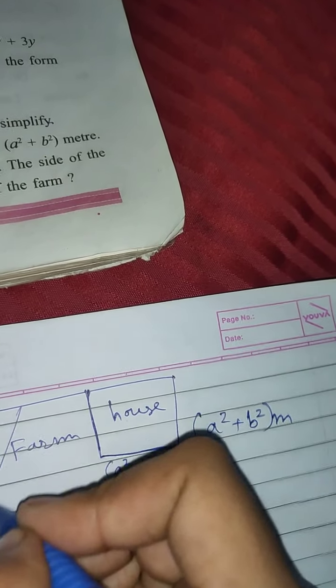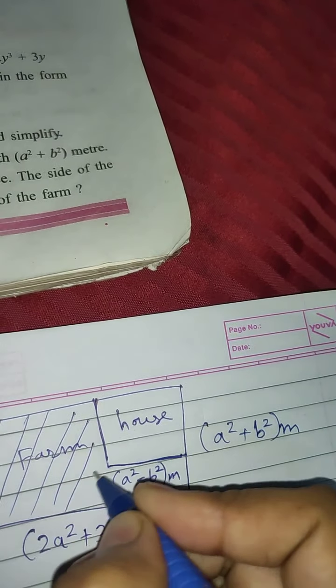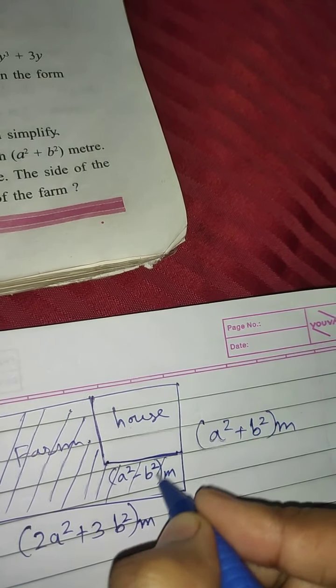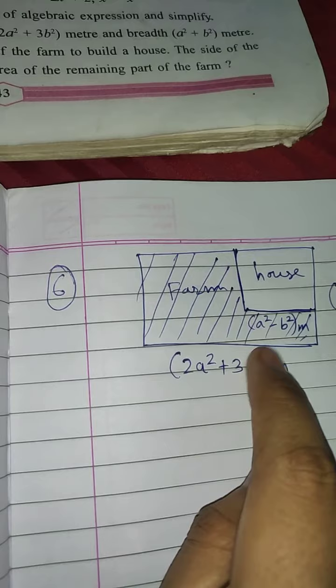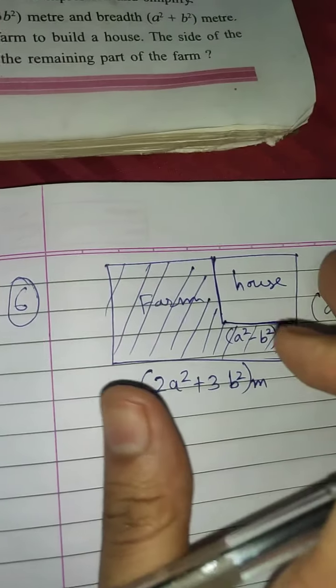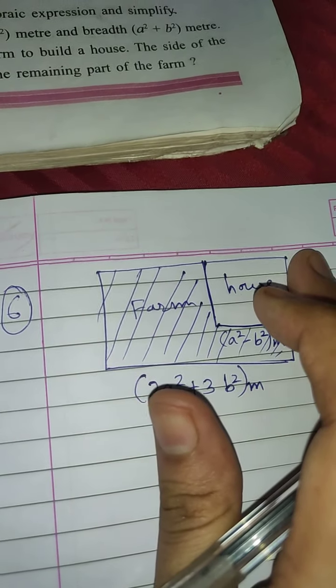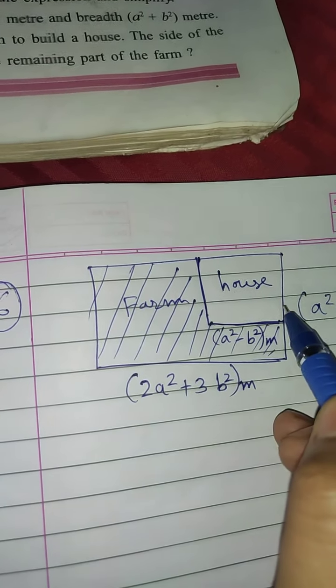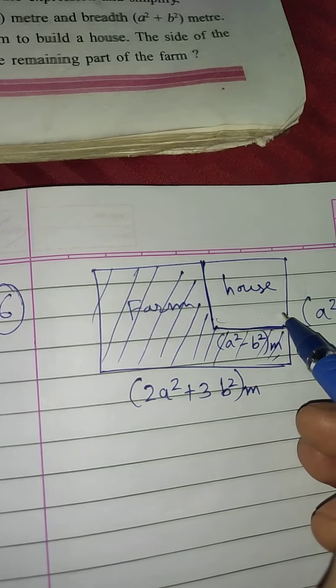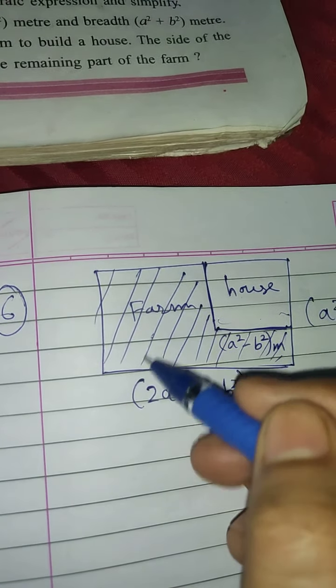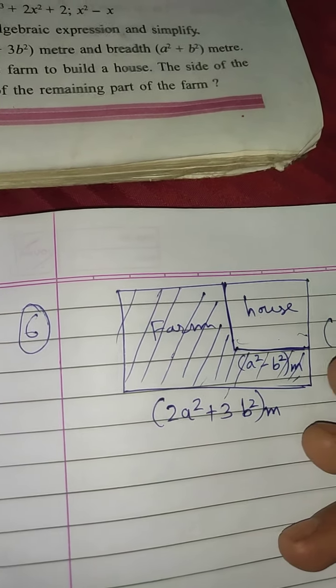Remaining means this shaded part of the farm, we have to find its area. So first we will find the area of the rectangle, then the area of this square, then from the rectangle we subtract the square part, and we get the remaining part of the farm. That will be our answer.